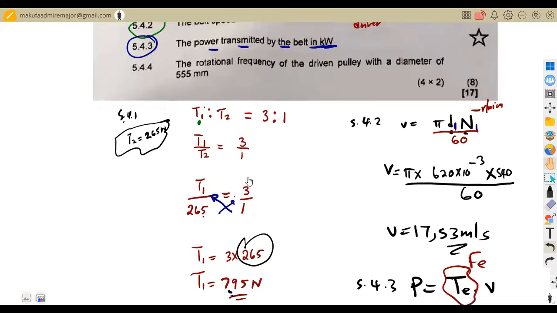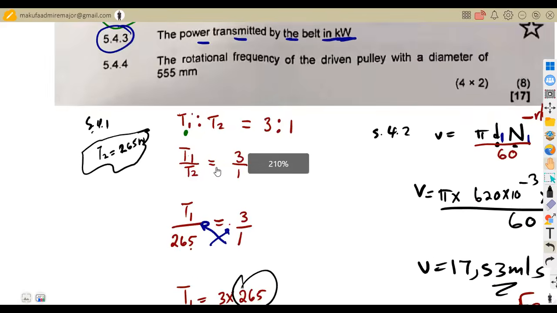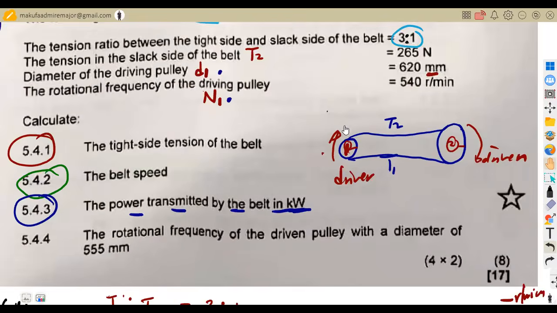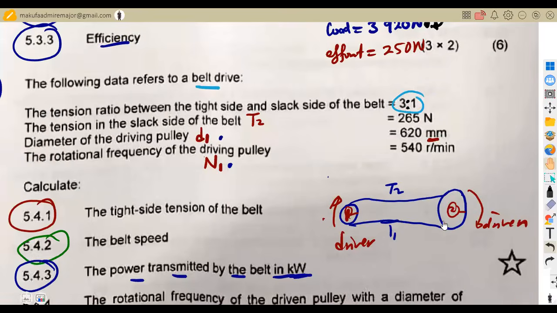All right, then on the other part, you are given now to calculate the rotational frequency of the driven pulley. Take note of the driven pulley with a diameter of 555 millimeters. The rotational frequency of the driven pulley, meaning to say we are talking about the D2 in this case, from the second part here.